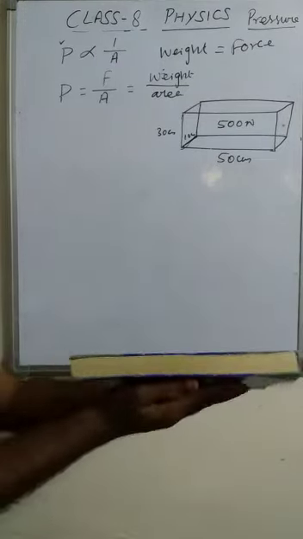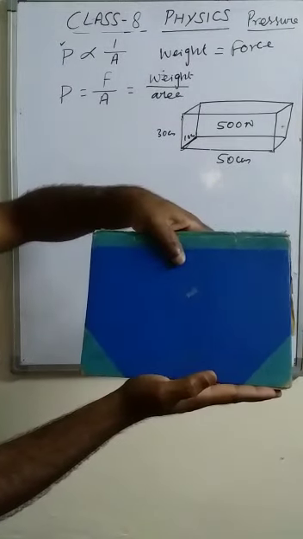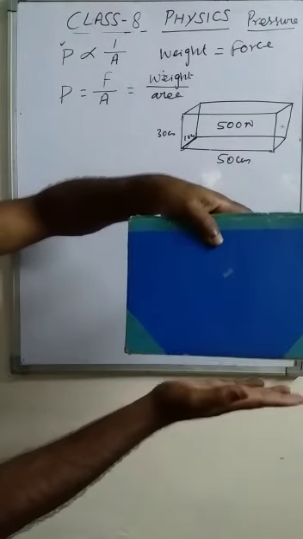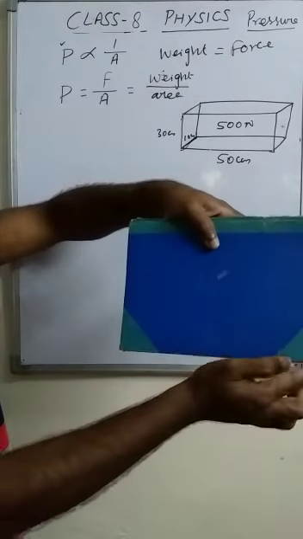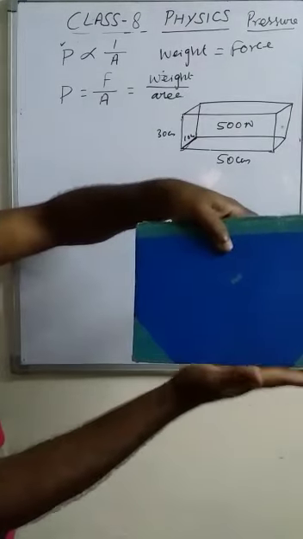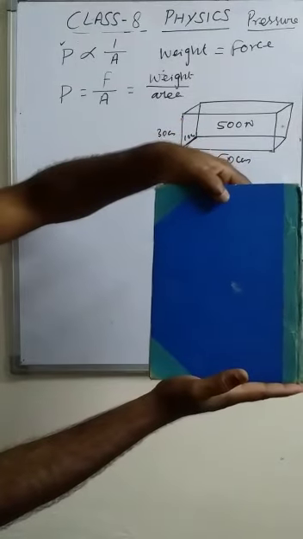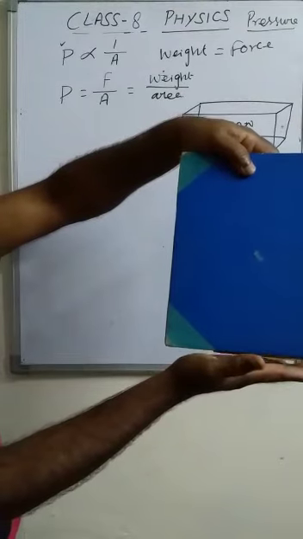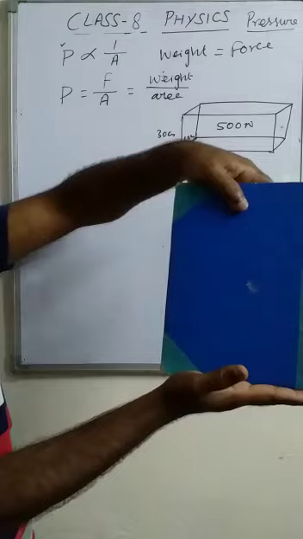If this object is placed in this way, the surface in contact with the ground or floor is length and height. If it is placed in this orientation, the breadth and height are taken for the calculation of area.